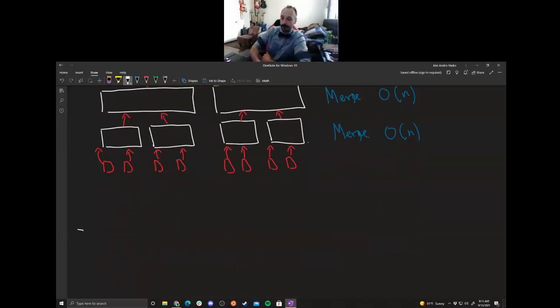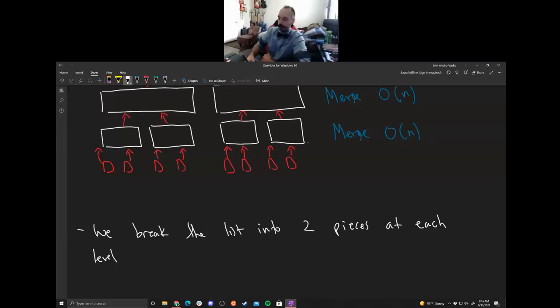So we break the list into two pieces at each level, two pieces of size... Darn it, I guess I messed this up.